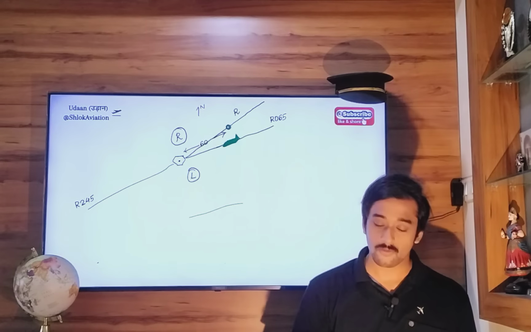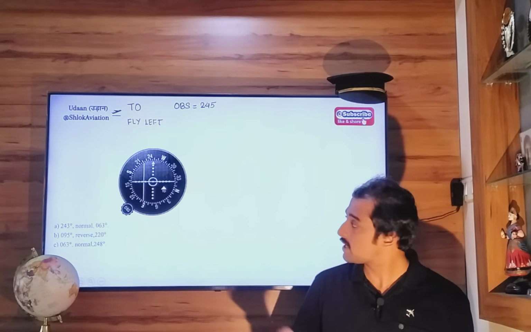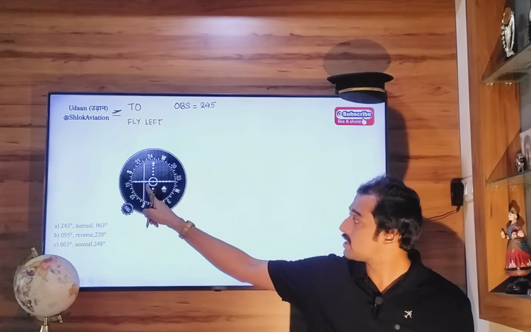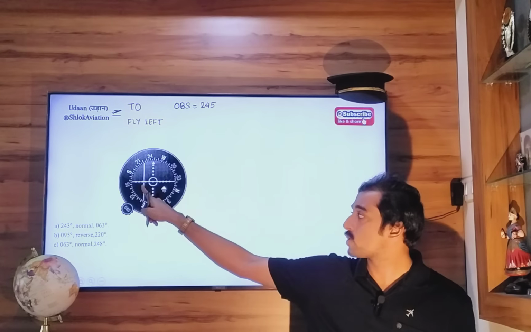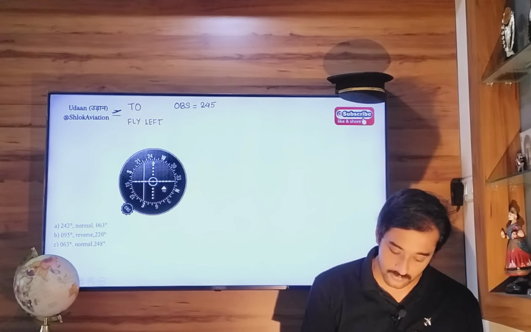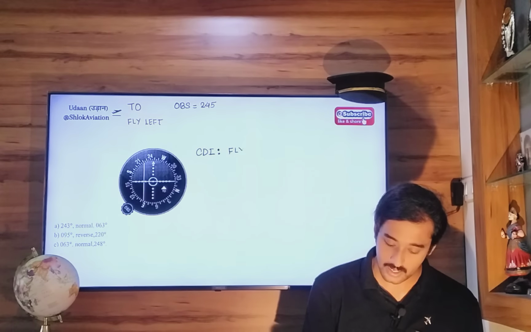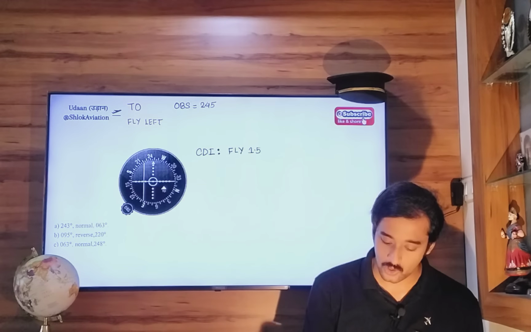Okay. Now what is that accurate number? Now look at the dots. Your CDI indication is 1.5 dots to the left hand side. CDI is telling you to fly left 1.5 dots.